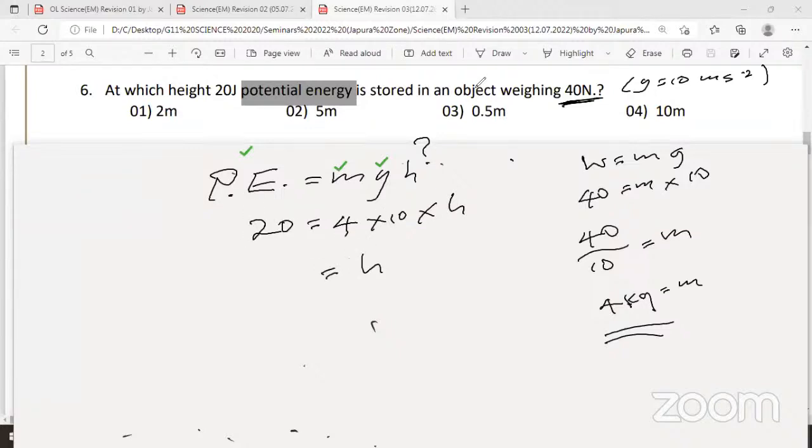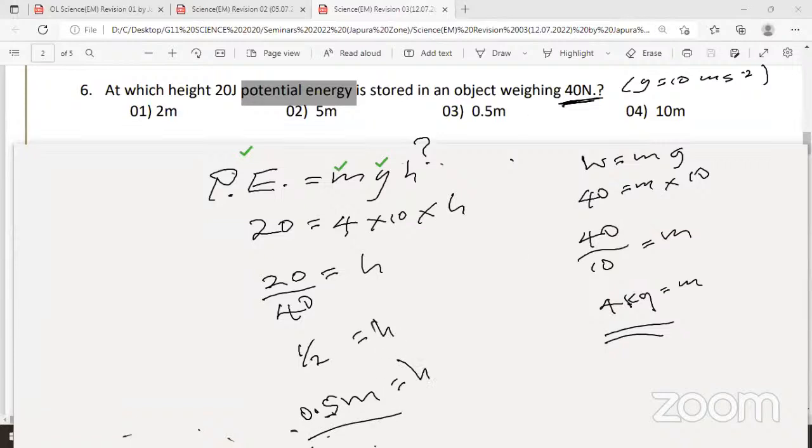So you get h equals 20 divided by 40, because 4 times 10 is 40. 20 divided by 40, the final answer will be, cancel the zeros, it's half. 20 times 1, 20 times 2, it's 1 over 2. 1 over 2 means half. So the height will be 0.5 meters.